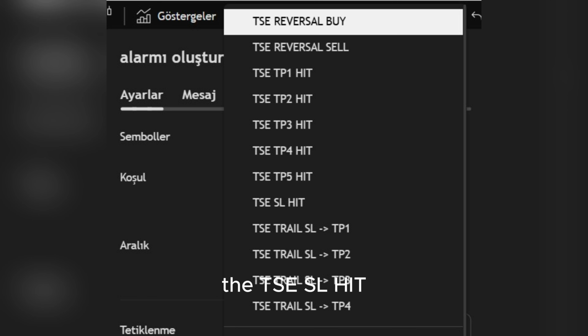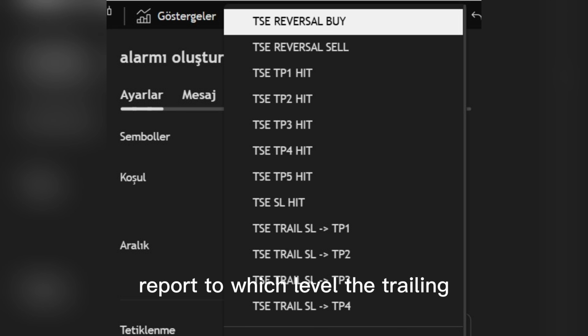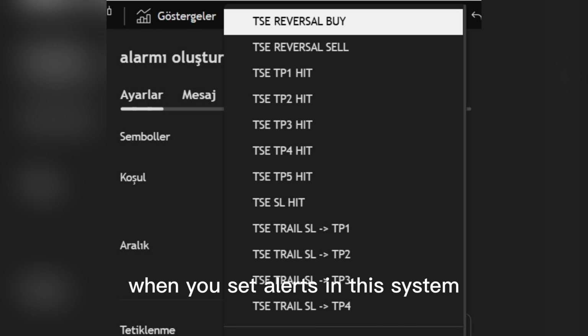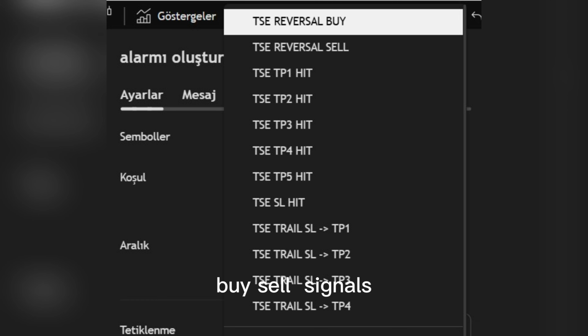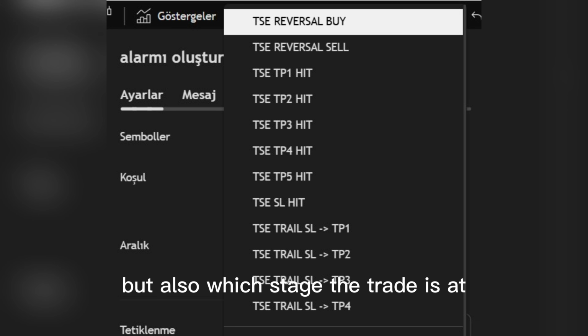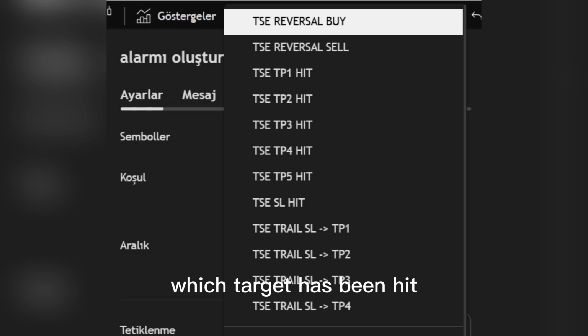The TSE SL Hit alert shows that the stop level has been triggered, and the TSE Trail SL TP1, TP2, TP3, TP4 alerts instantly report to which level the trailing stop has been moved. In short, when you set alerts in this system, you can follow step by step not only buy-sell signals, but also which stage the trade is at, which target has been hit, and how the stop is progressing.